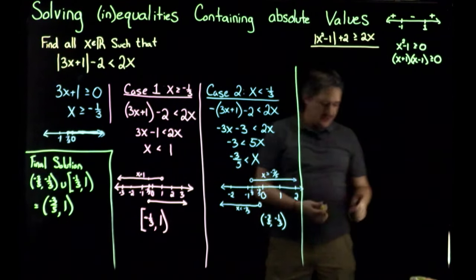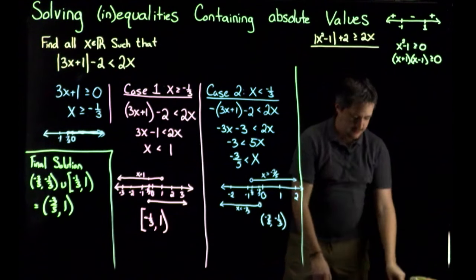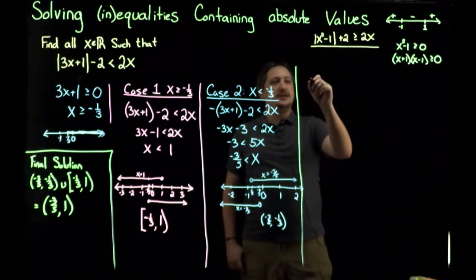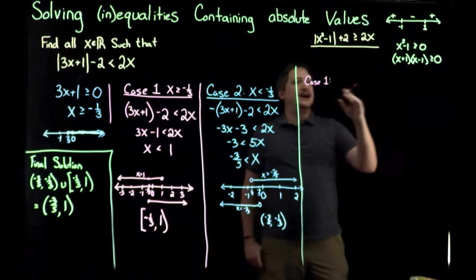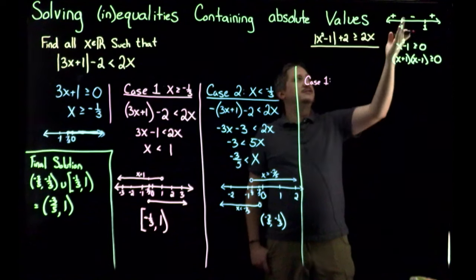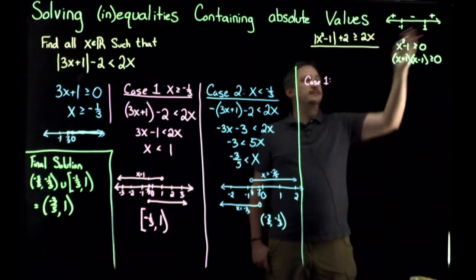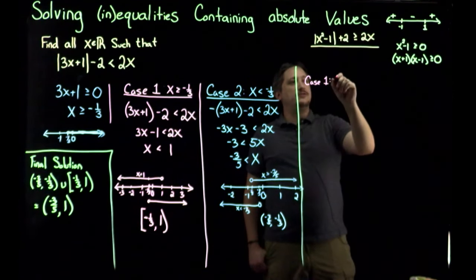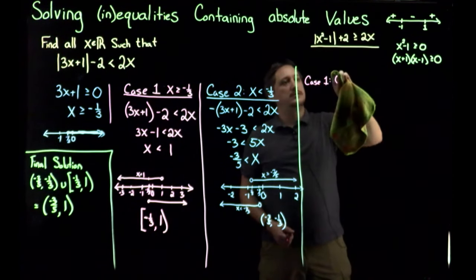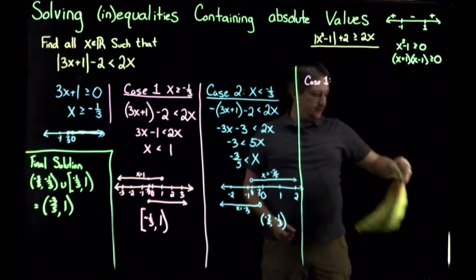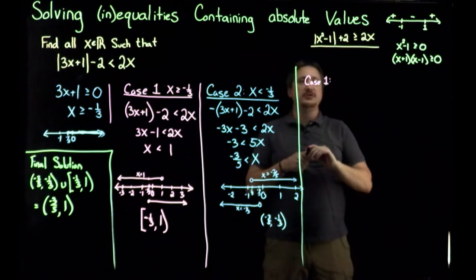So now I'm going to break up my cases. So I'm going to have case 1. This thing is positive when either x is to the left of negative 1 or to the right of positive 1. Maybe I won't use interval notation because I didn't over there, so let me do the other one.